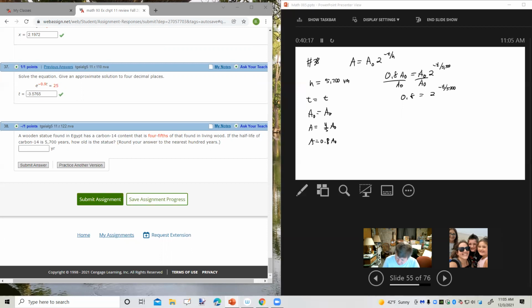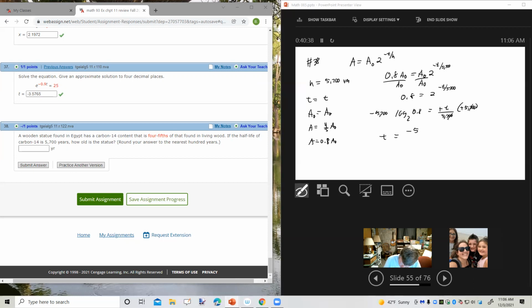We can now change this to a logarithmic equation. Log base 2 of 0.8 equals negative t over 5,700. Multiply both sides by negative 5,700. On the right, the 5,700s reduce out, and negative times negative is positive.